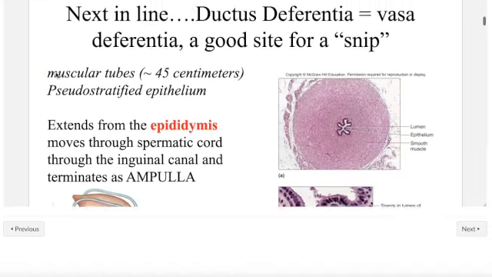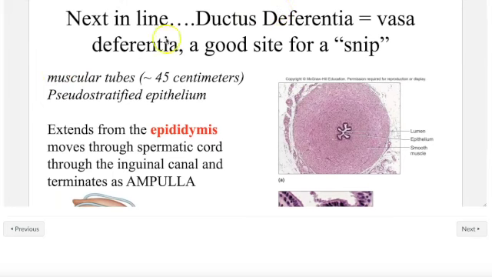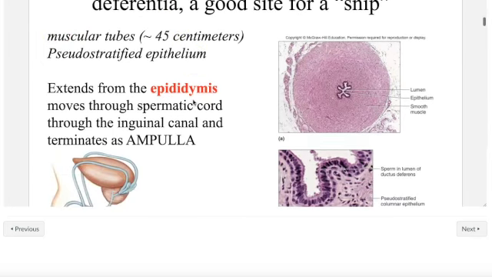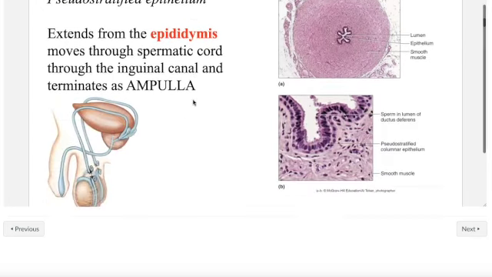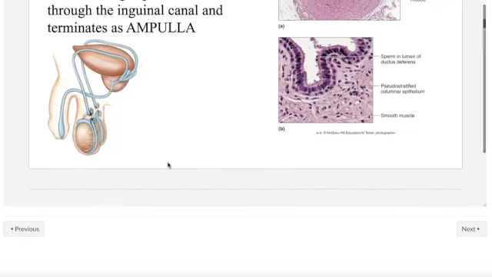But most people would call this the vas deferens. The vas deferens extends from the epididymis, moves through the spermatic cord, to the inguinal canal, and terminates in the ampulla right up here. We're going to learn that in a minute.